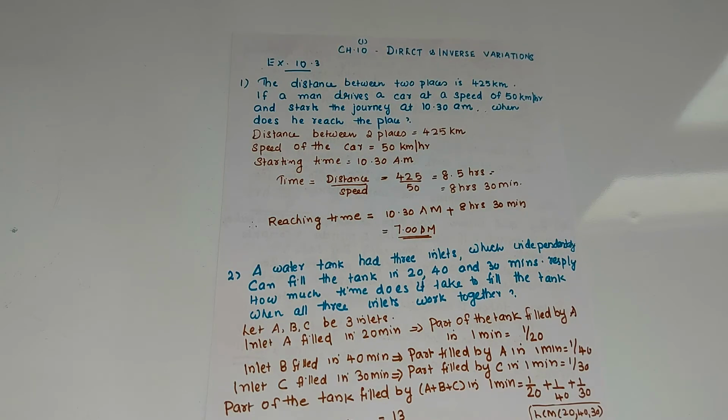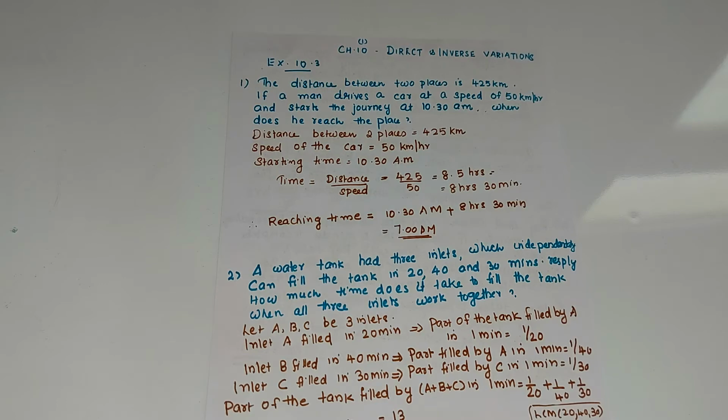Here the LCM is 120. So 6 by 120 plus 3 by 120 plus 4 by 120 equal to 13 by 120. So part of the tank filled by A, B, C together in 1 minute equal to 13 by 120.